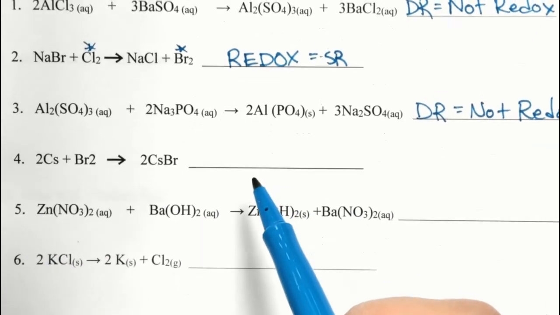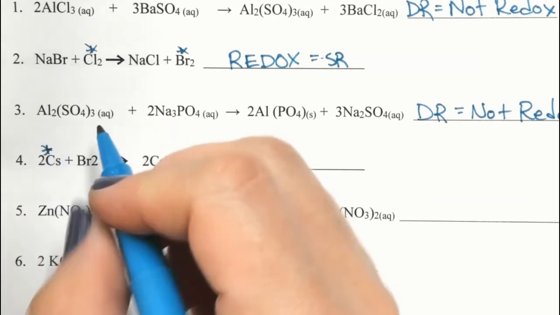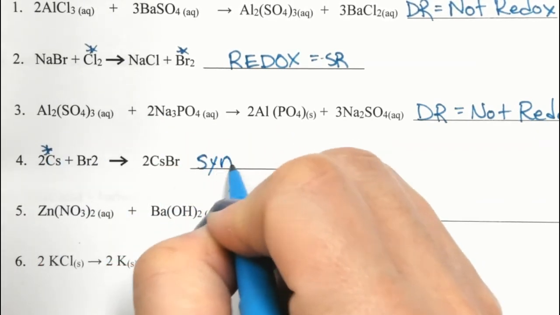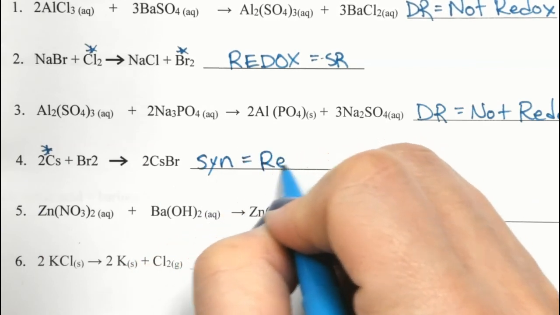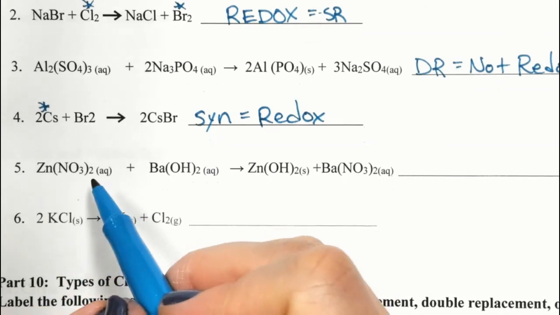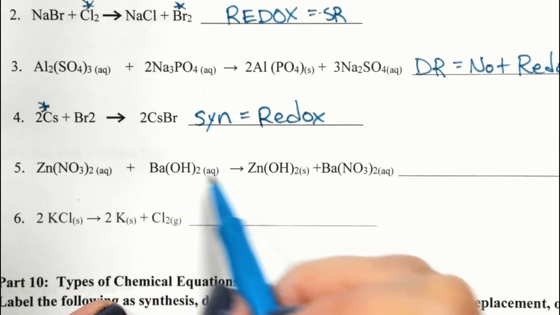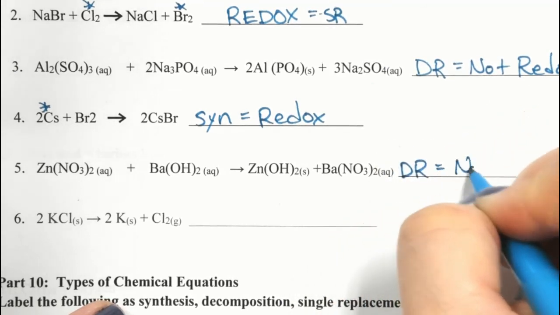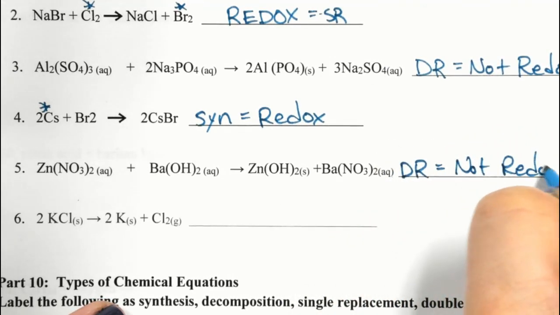Number 4, we have a single element plus a single element, and they combine. This is a synthesis reaction, and therefore it is a redox reaction. In number 5, we have a compound plus a compound yields 2 compounds. This is a double replacement reaction, which means that it is not redox.